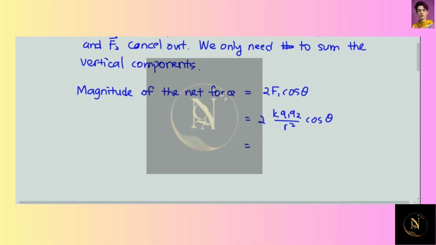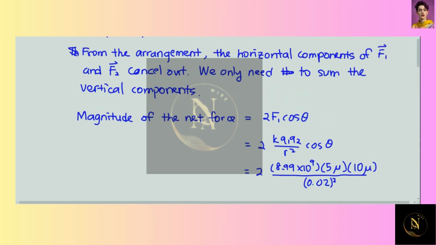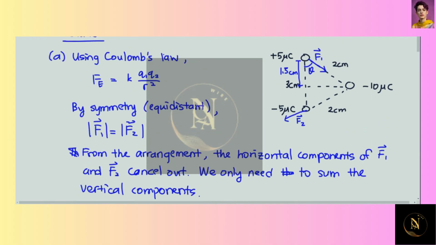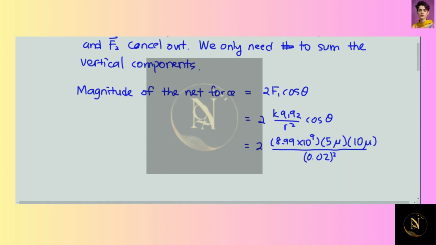Q1 is the 5 microcoulomb, and Q2 is the 10 microcoulomb, divided by r squared. R in this case is 2 cm, so 0.02 meters. Cosine theta from the diagram: you have 1.5, with 2 as the hypotenuse, so it becomes 1.5 divided by 2.